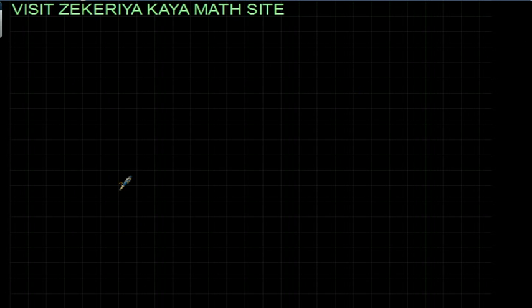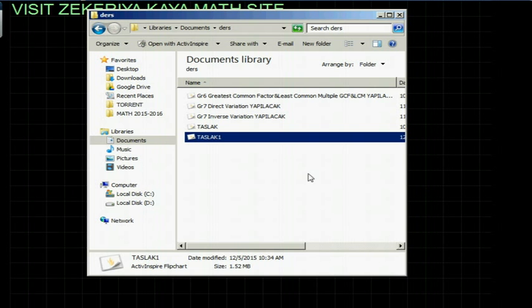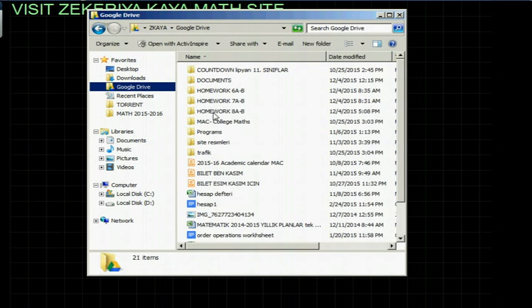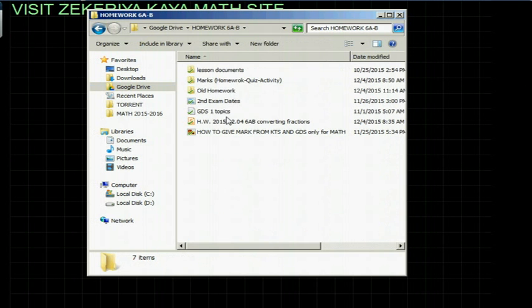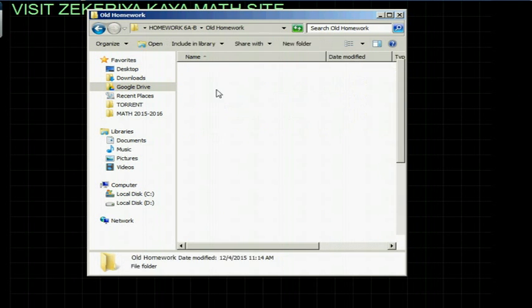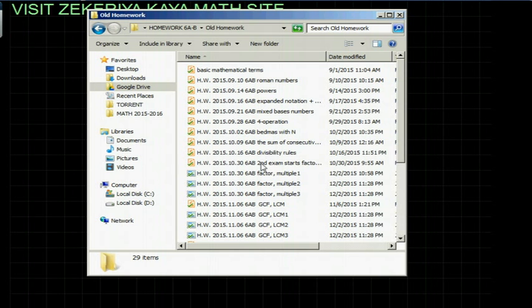These are the answers. Let's try to make it a bit bigger, perhaps. No. Anyway, if we go to my homework folder, let's open the first homework which you need to study, in old homework, then 10:30.